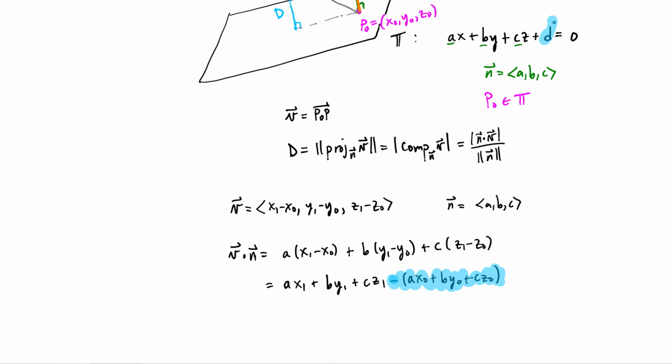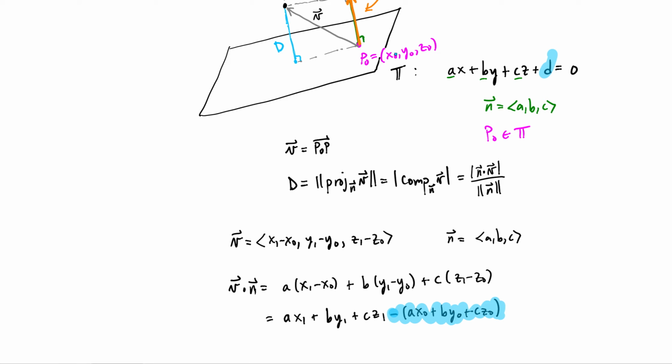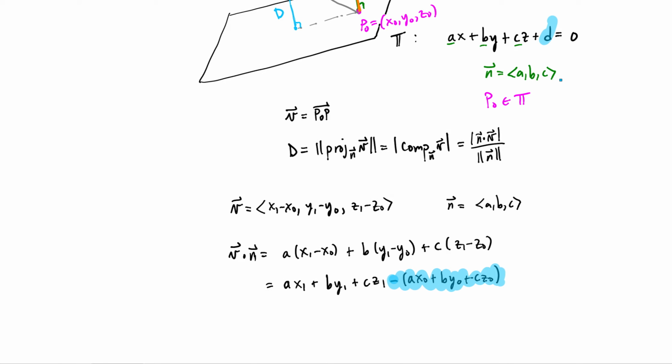It's a point in the plane dotted with a normal vector. And so this dot product becomes ax1 plus by1 plus cz1 plus d.